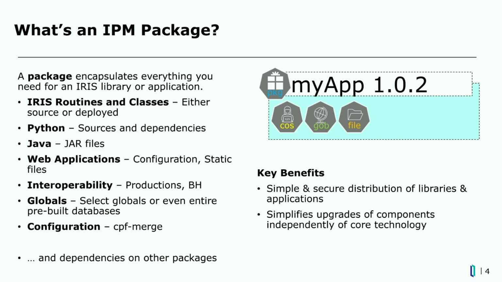So you can package up your Iris routines, your Python, your Java, your web apps, kind of all of the usual stuff that you need to do. It's a simple way of taking your application, putting in dependencies in between these packages, letting you move that from one system to another, or distribute it to your customers, all of that kind of stuff.